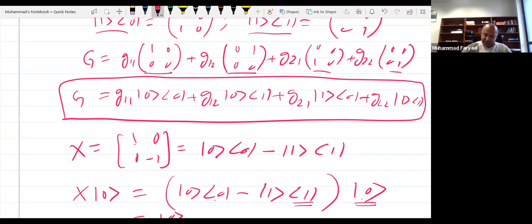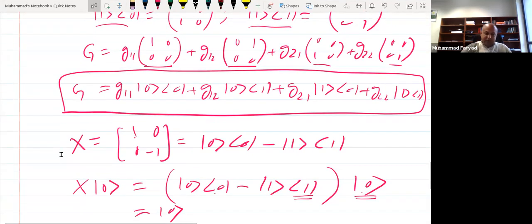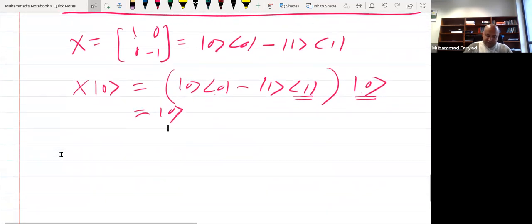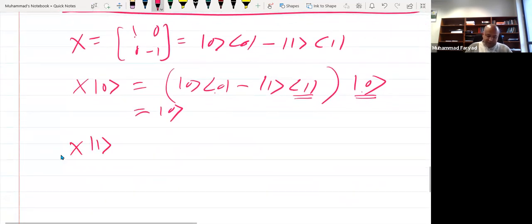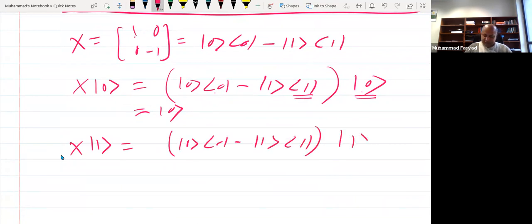And similarly, if I want to see what the action of the X gate is on |1⟩, I can check like I think the Z gate. Sorry? Because I think the X gate is 0, 1, 1, 0, right? Oh, yes, you're absolutely right.